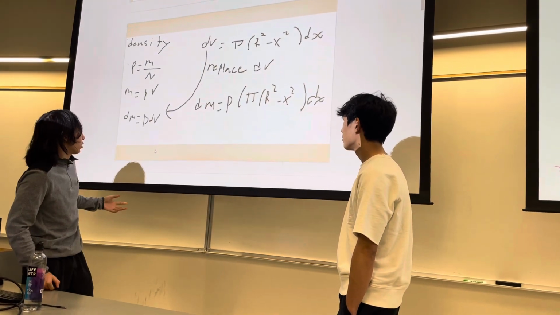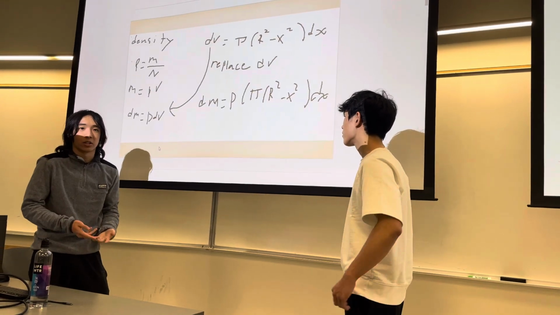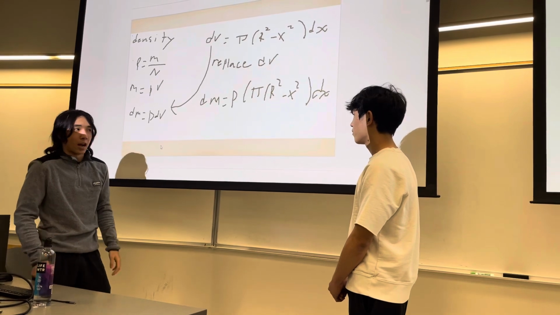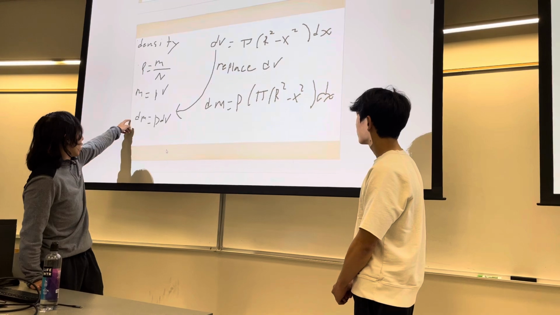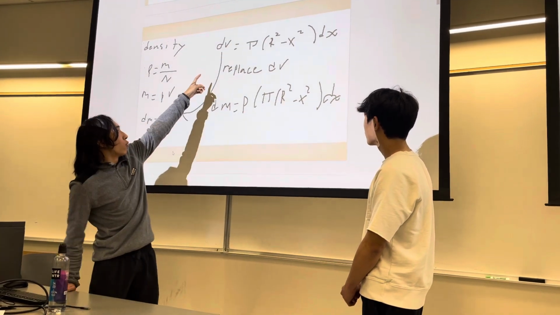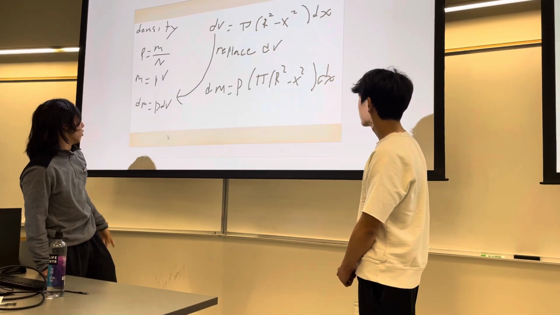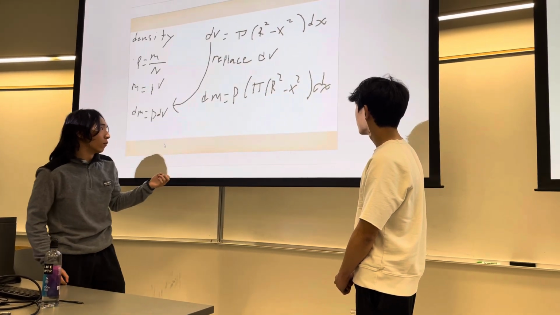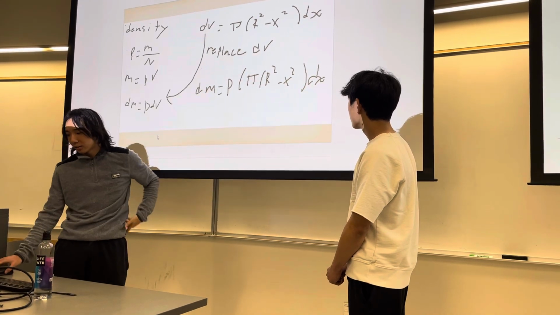Inertia is the rate at which an object does not want to move, and mass is a part of that. So we take the derivative of that, and we get dm equals rho dV. Now we have our original equation for dV, so we can sub it in to get dx into our equation. Then we will have dm equals rho pi (R squared minus x squared) dx.